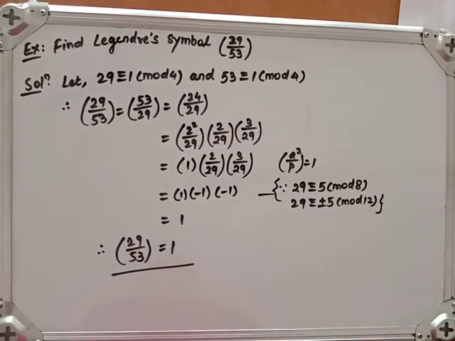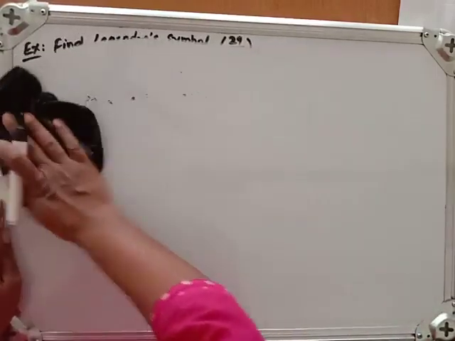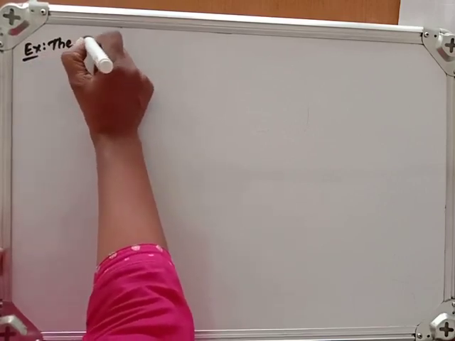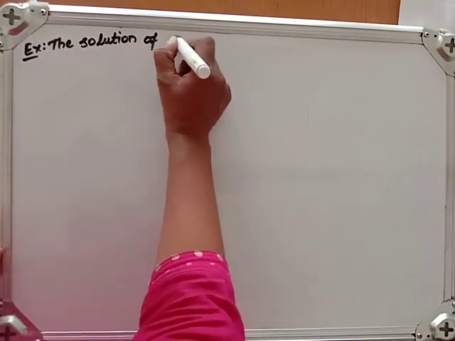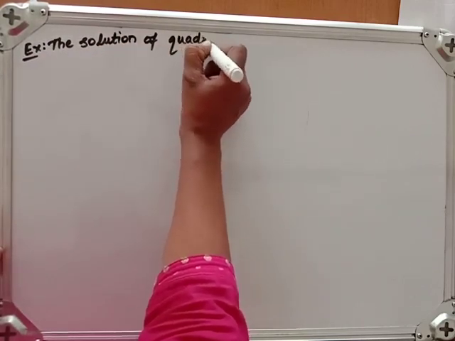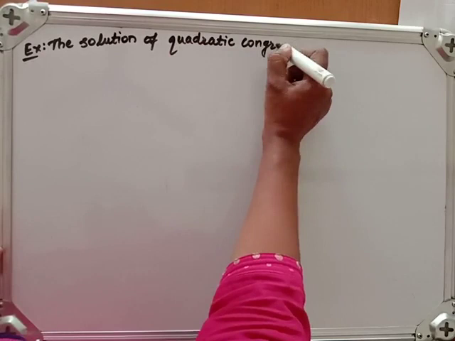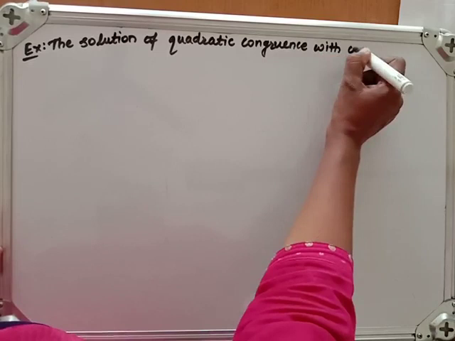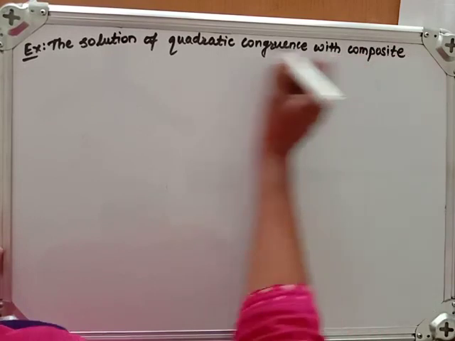Now the next example. Let's take the next one: the solution of a quadratic congruence with composite modulus.